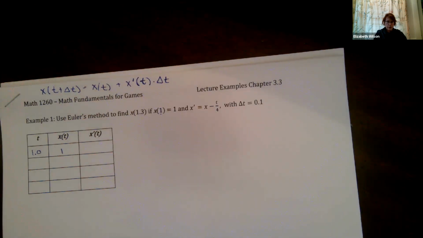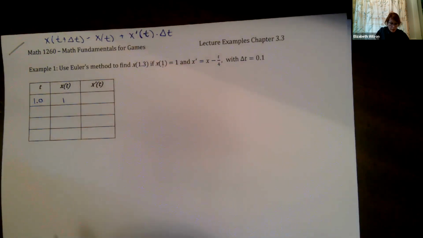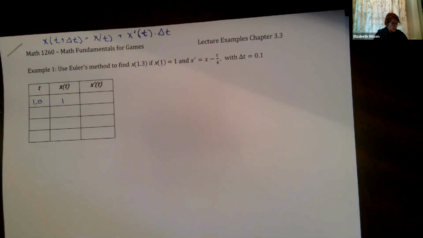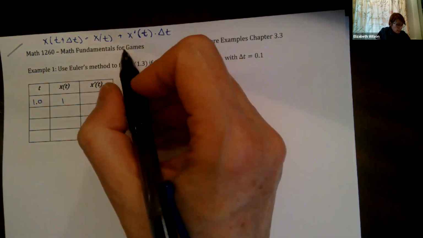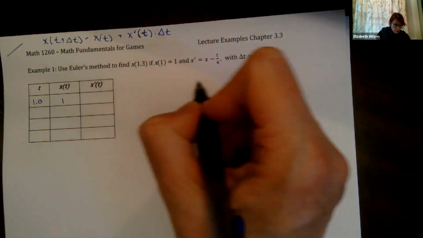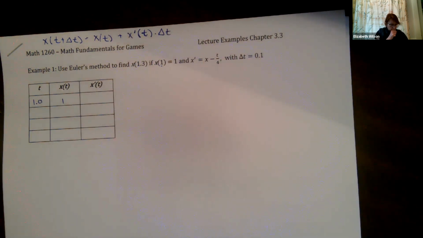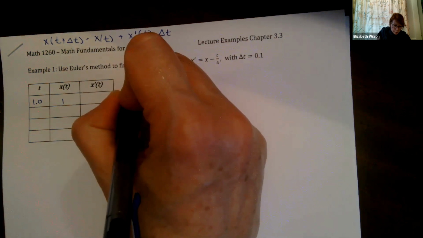Okay, so we're given our x prime, right? And I'm going to use those. I've got this very first value, I'm going to plug that into there. So let's go ahead and work it through. I'll do all the steps out so we can see it, right? So I'm looking at t equals that. So I need to figure out my first x prime of 1.